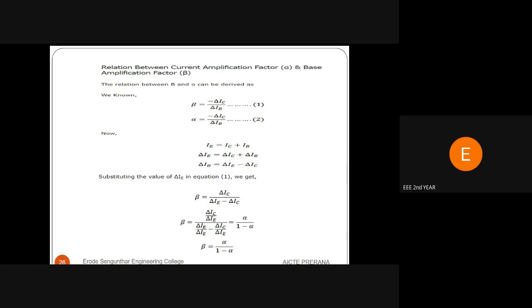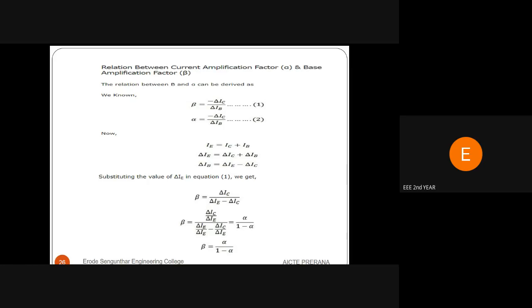The value of base is substituted in the beta expression. We get delta IC divided by delta IE minus delta IC. Now we are dividing both numerator and denominator by delta IE. Then we get beta equal to delta IC divided by delta IE in numerator, divided by delta IE divided by delta IE minus delta IC divided by delta IE in denominator.